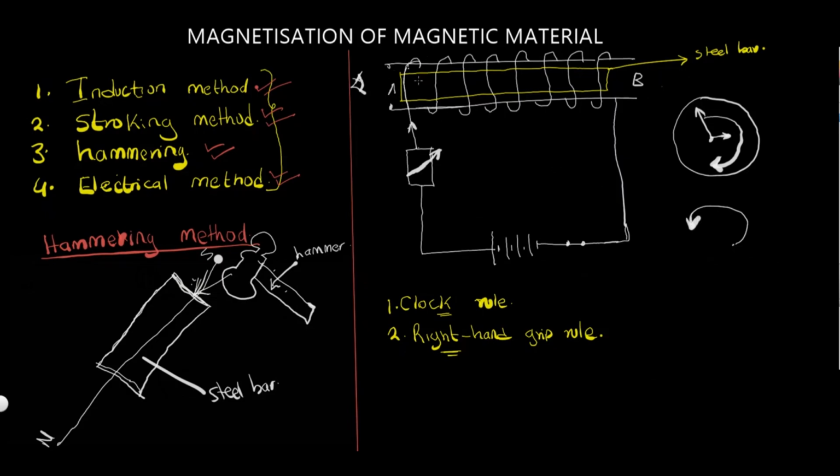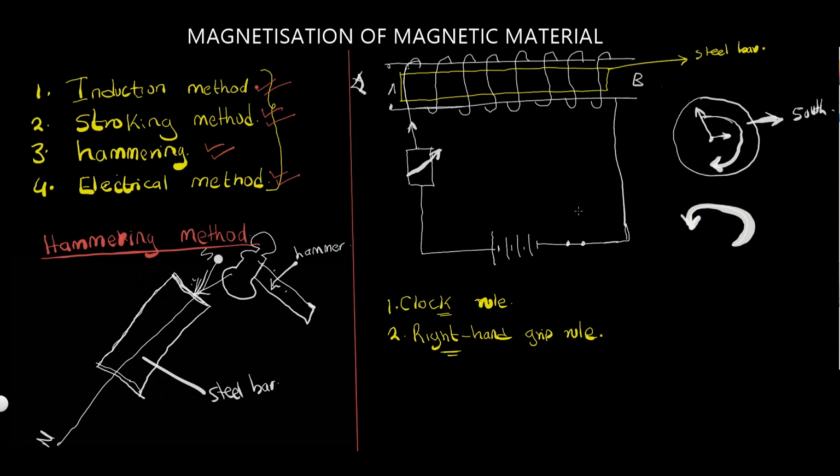So it is flowing opposite to the clockwise direction. That means this one is not in clockwise direction. But if it was in clockwise direction, then the polarity at that part would be the south pole.